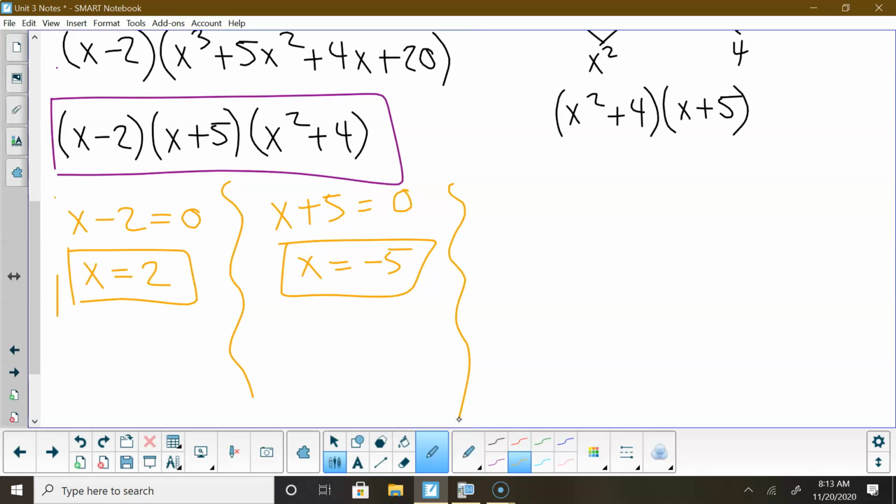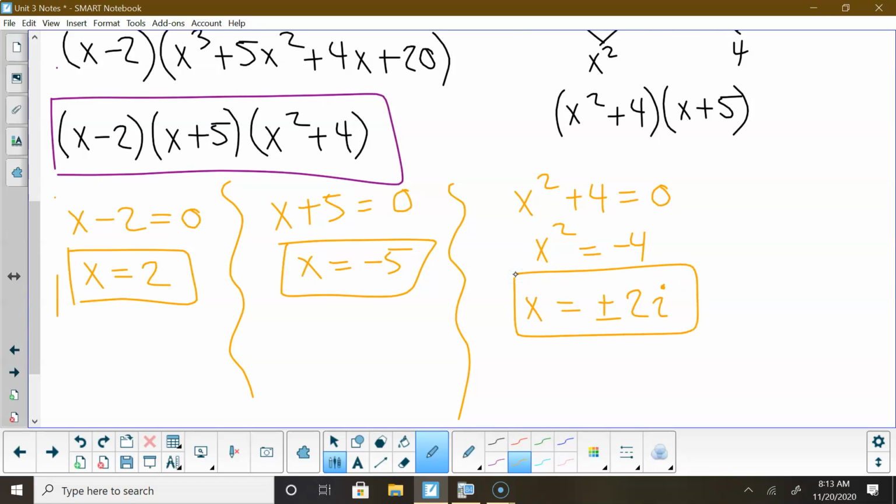Now for that last one, you've got x squared plus 4 equals 0. This is why we did all of that Unit 2 stuff, to make sure you guys had all of the different ways of solving it. X squared equals a negative 4. Square root both sides, and I get x equals positive and negative 2i.